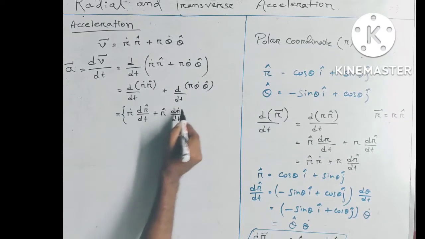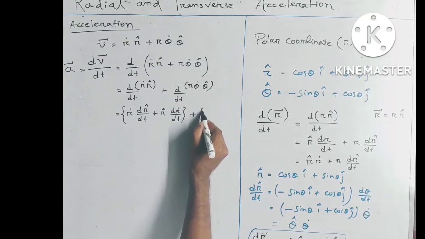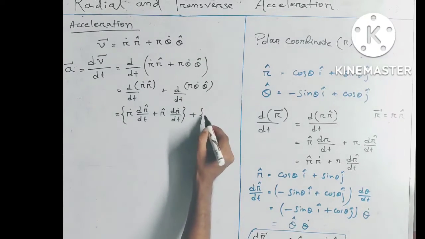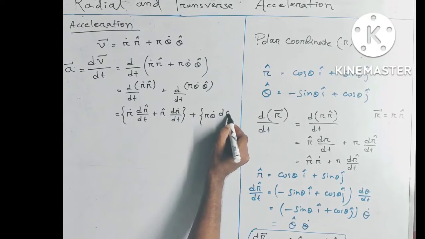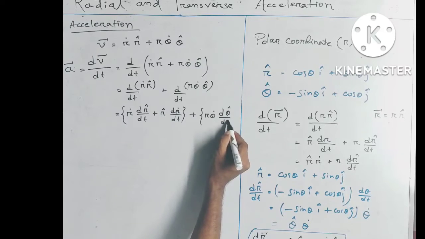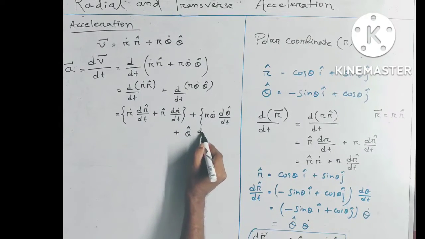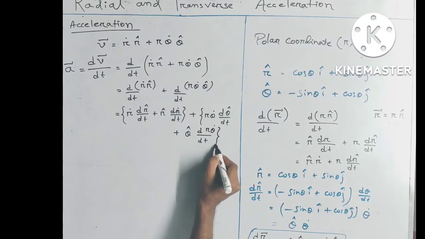First part is complete. Then let's move to the second part. Plus, let's take r theta dot outside. So r theta dot d theta cap/dt plus theta cap d/dt of r theta dot.